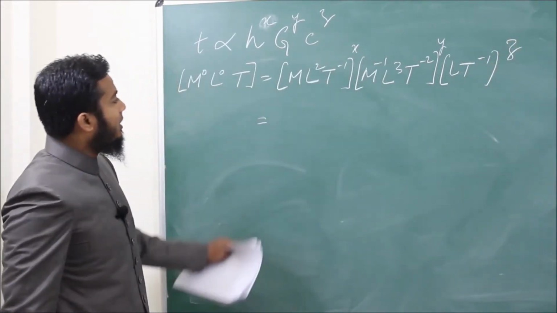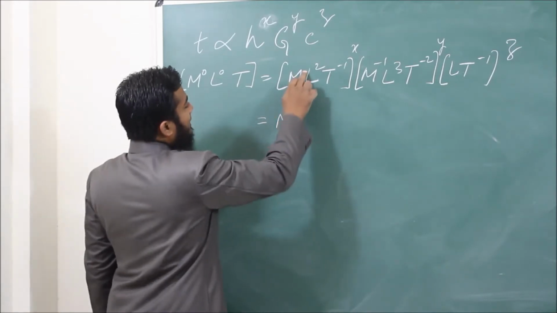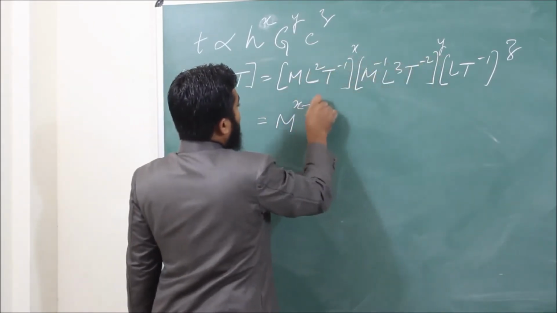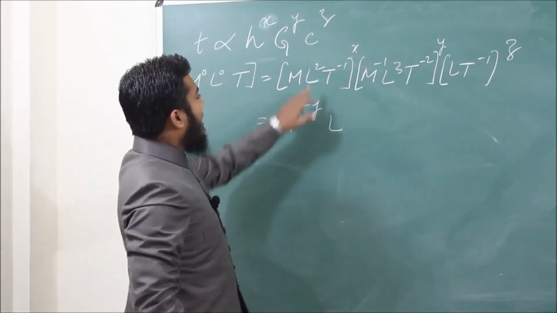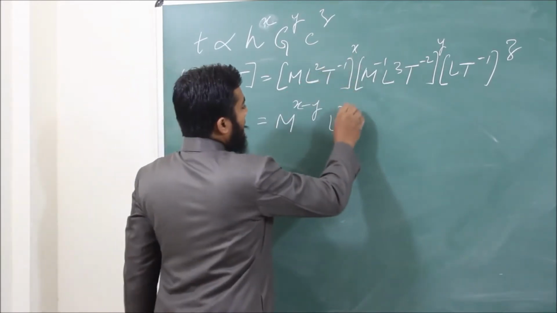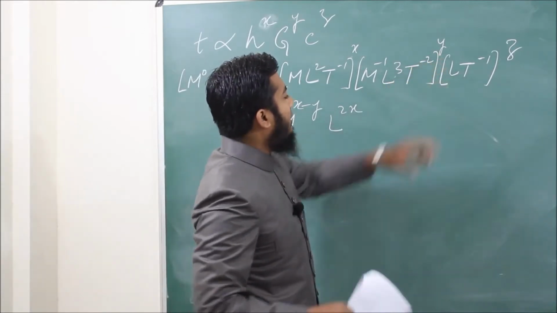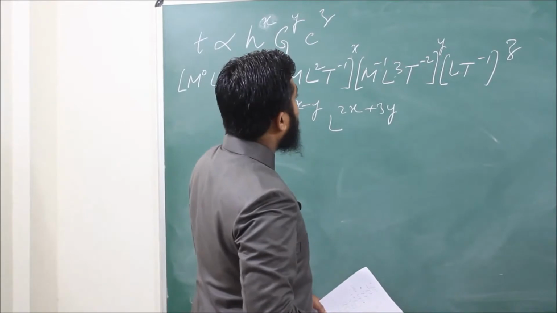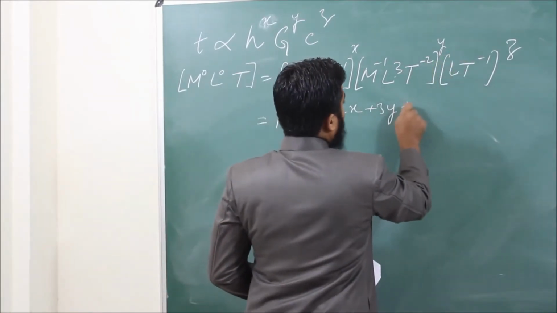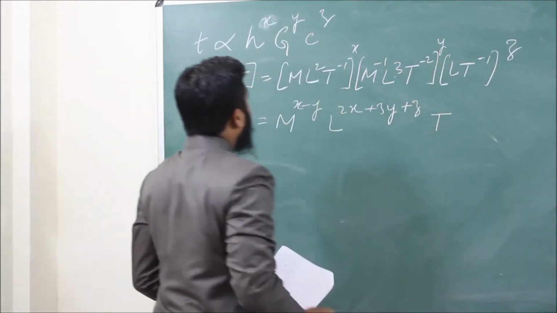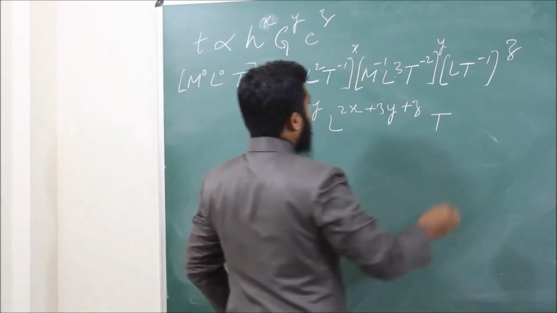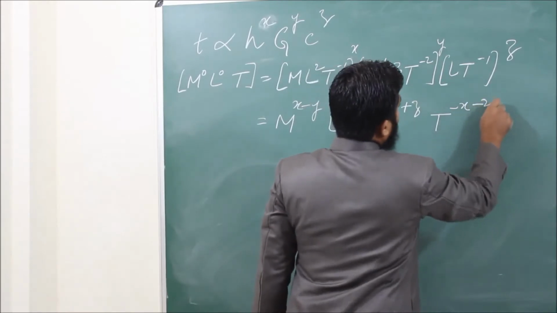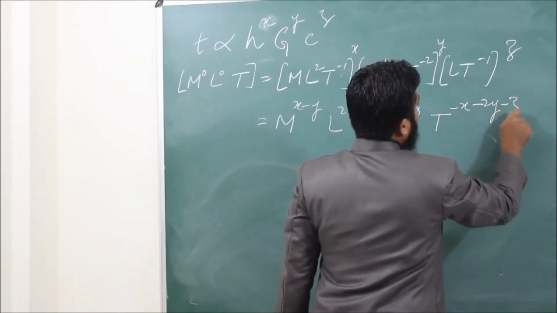Now collect the powers. Total power for M is x minus y. Then for L, total power is 2x plus 3y plus z. And T will have total power minus x minus 2y minus z.